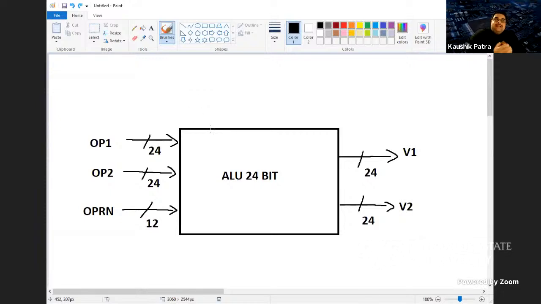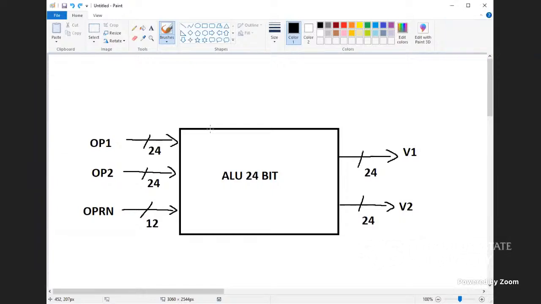But it is not needed. Let's say I want you to design an ALU which has 128 different operations. Are you going to spend 128 bits for that? Remember, each bit is one electrical line. That's true.